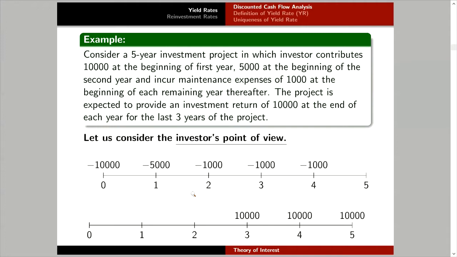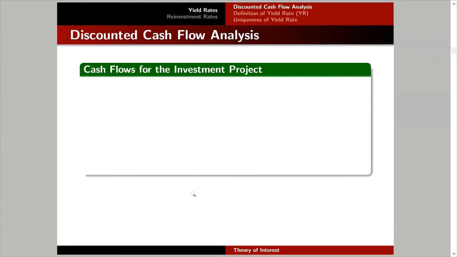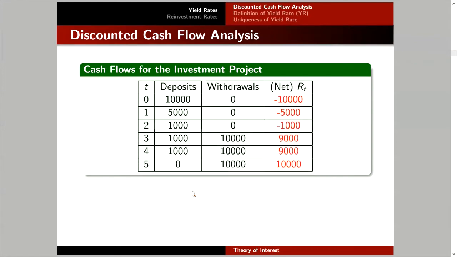Okay? We can also write these cash flows in a table. Ganito ang itsura niyan. Okay? So, here are the deposits. Okay? And then here are the withdrawals.